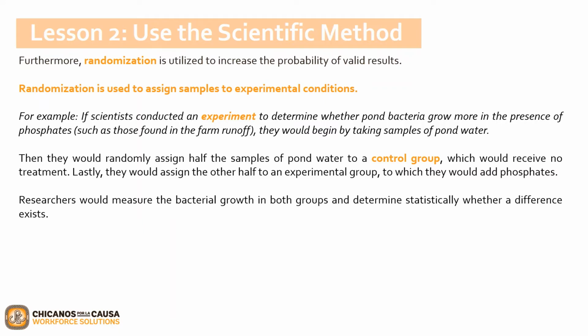So as you can see from what we wrote here, the control group is the one thing that you keep under control. So that means you control it under normal conditions. You don't impact it, you don't experiment on it. That's what you compare the things that you actually experiment with to. So let's go ahead and use this information to move on to our next example question.